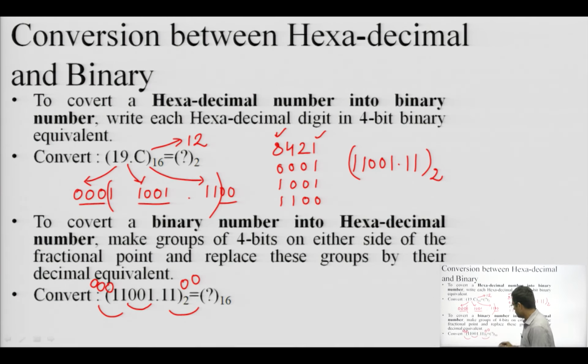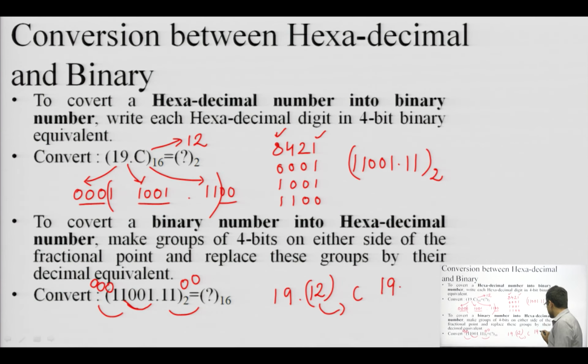So, 0001 becomes 1 and this 1001 becomes 9 and this 1100 becomes 12, but 12 is not possible in hexadecimal. So, I will replace this 12 by C. So, ultimately my answer becomes 19.C in hexadecimal.